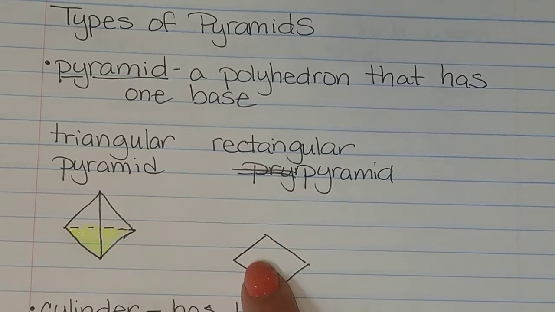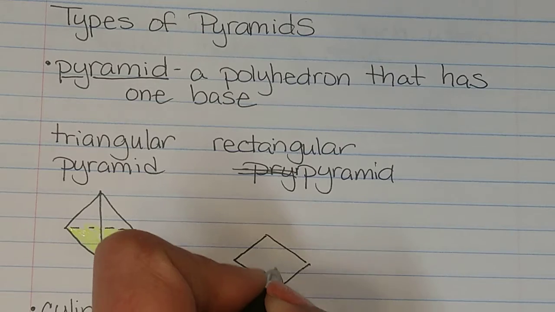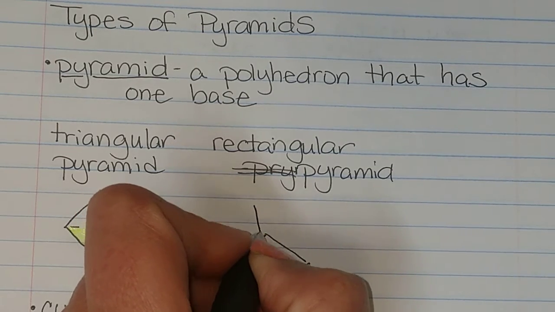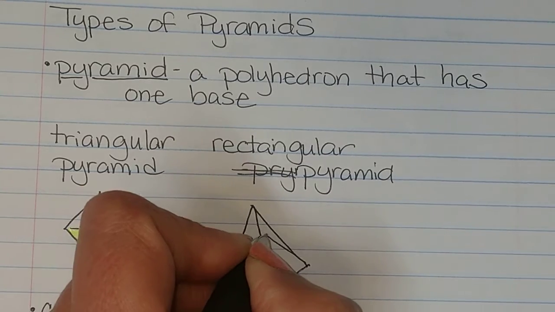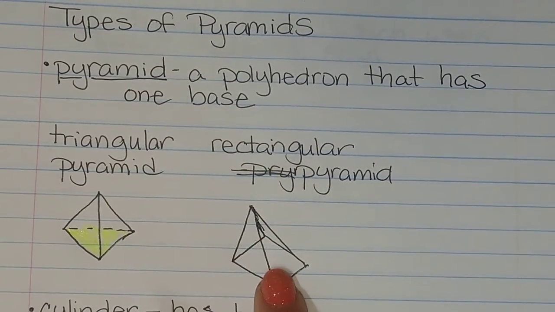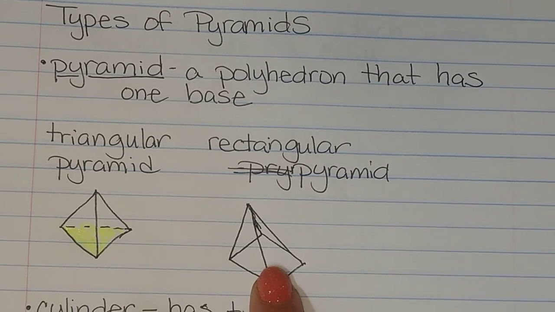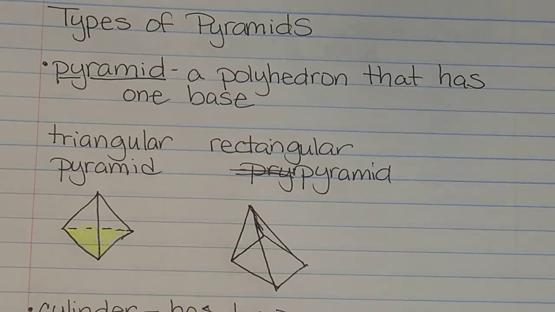I should have made these lines dotted, but that's okay. You can see that my base in this shape is a rectangle coming up to one point.